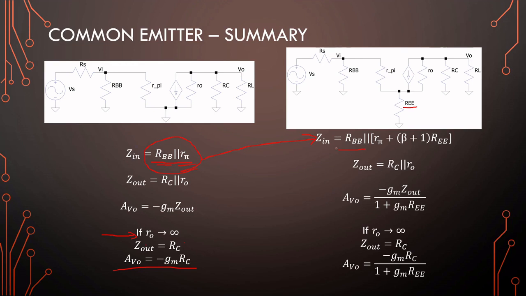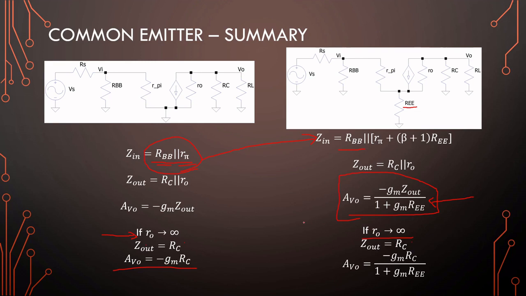Also choosing a gain, just remember that your gain will be decreased, but this configuration is a little bit more stable with temperature changes because we have feedback. Then the same if rout goes towards infinity, Zout is RC, and this equation will simplify a little bit.